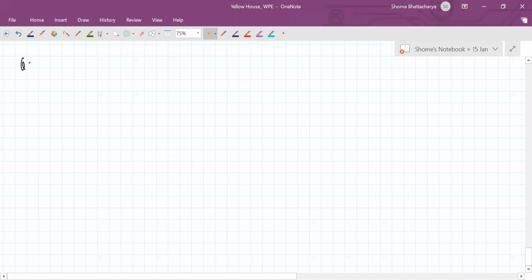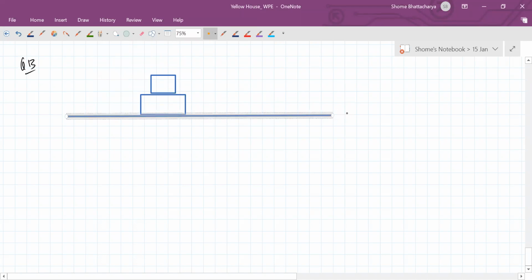So, next is question number 13 from the same cumulative test. This is also sent by Tantrish. This is a 10 kg block.